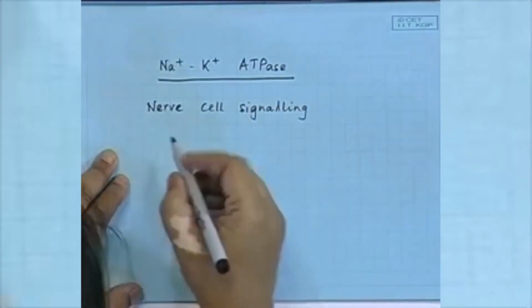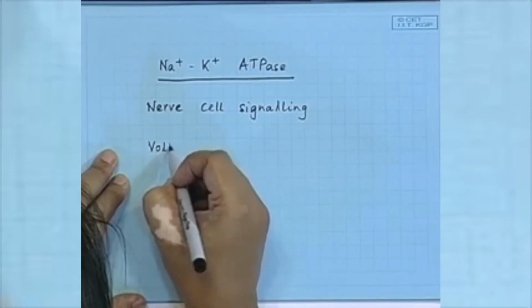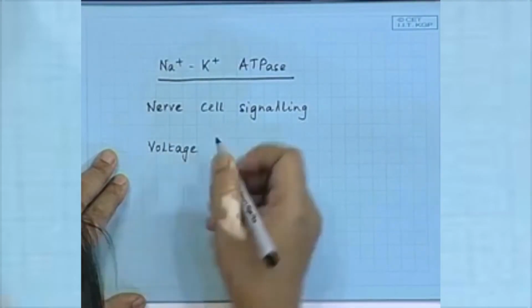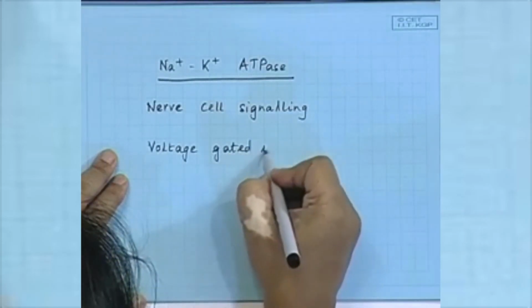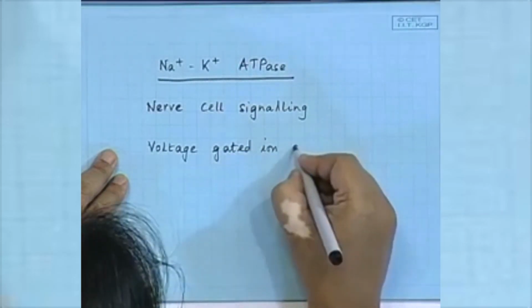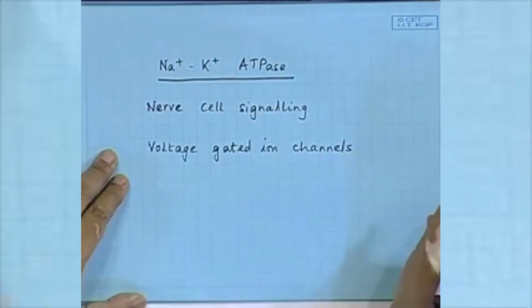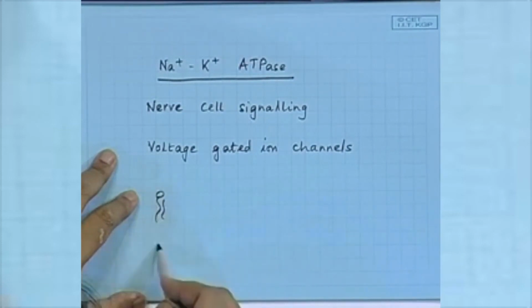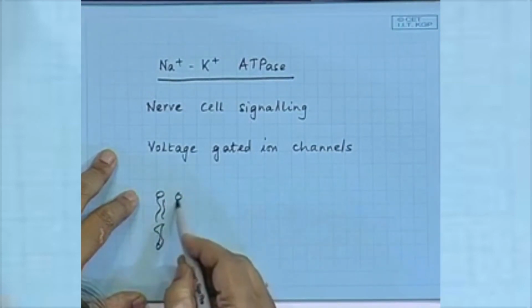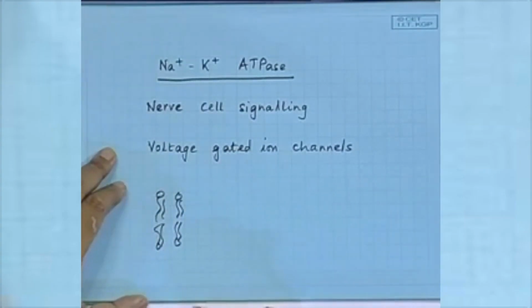Okay? Then what you have in these cases is what are called voltage gated ion channels. Okay? So, in these voltage gated ion channels, what do we have? We have, when we have our lipid membrane, for example, in gramicidin, what happens?